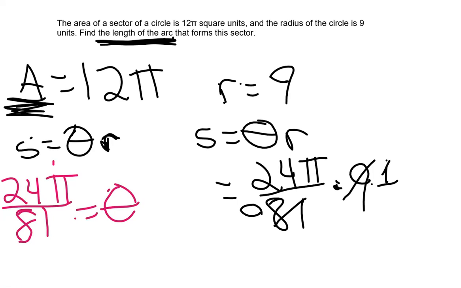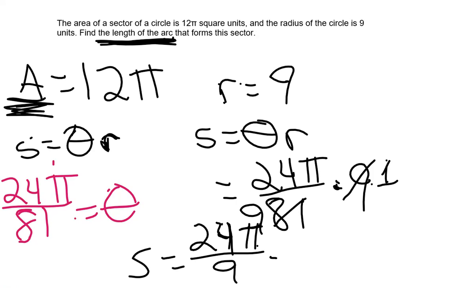This is going to factor down and be a 9. So my sector length is going to be equal to 24 pi over 9. Or if I work it out and do 24 times pi divided by 9, I'm going to get a sector length of 8.38.